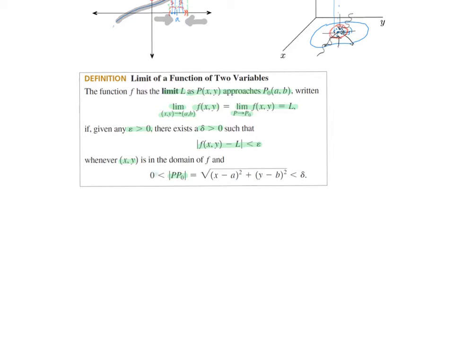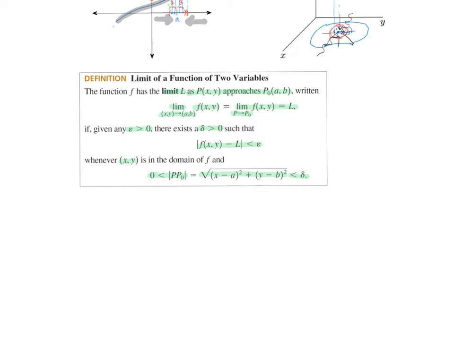If this distance is between 0 and delta. So this square root, that's just the distance between any 2 points in the xy plane. So you can replace that absolute value notation with our distance formula for 2 points. So that's a lot of notation.